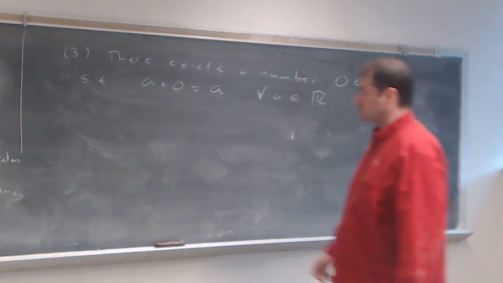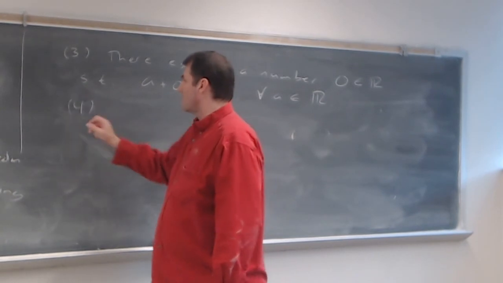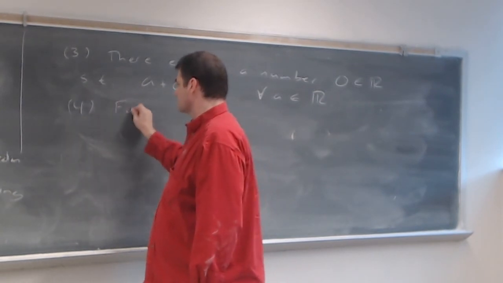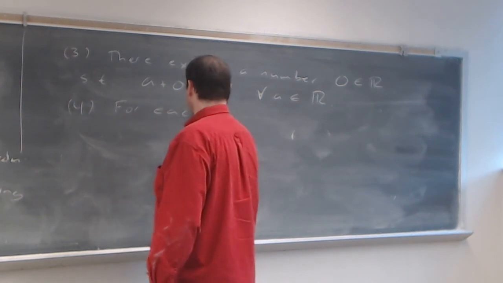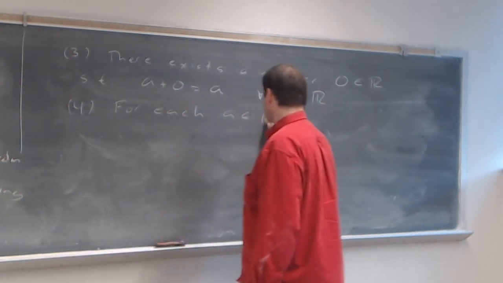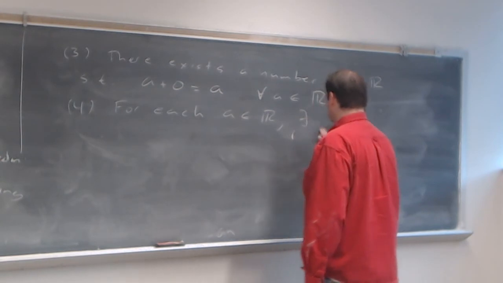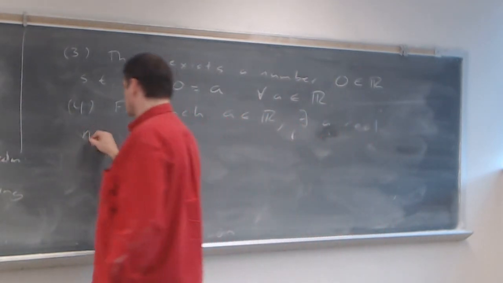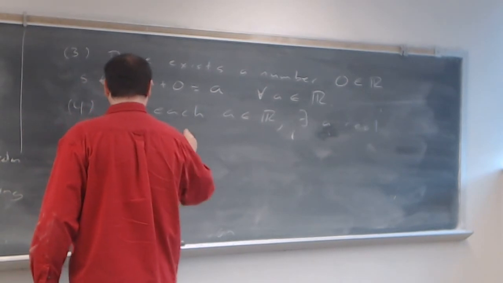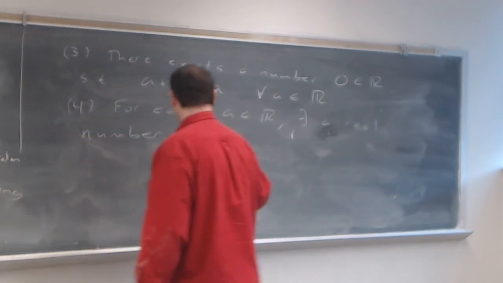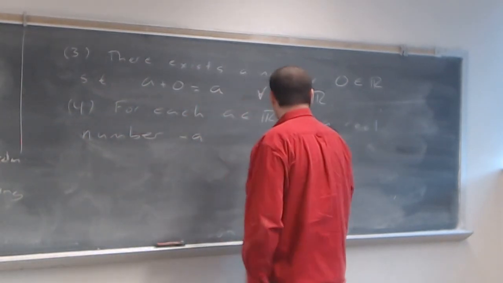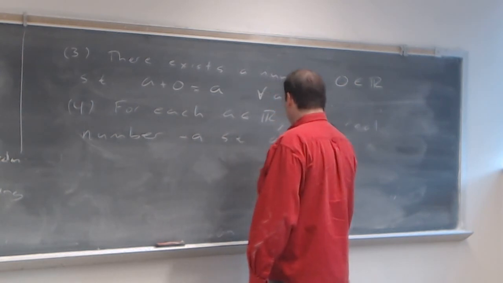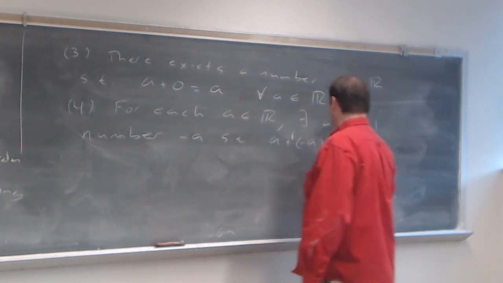That number is 0. Since we have the existence of 0, for each real number A, there exists a real number, we'll call it minus A, such that A plus minus A equals 0.